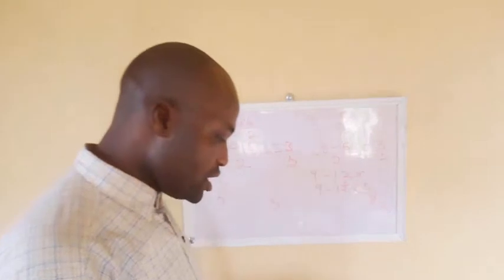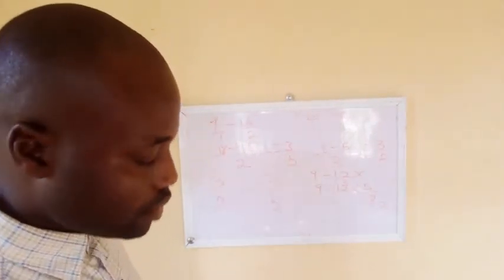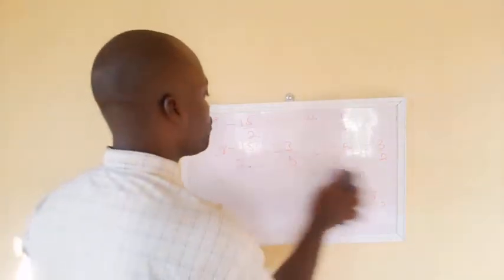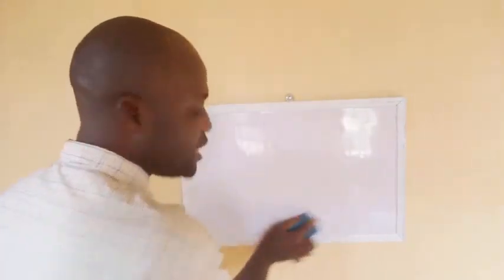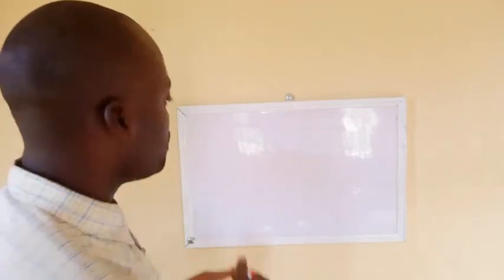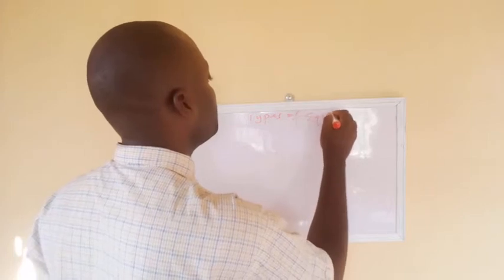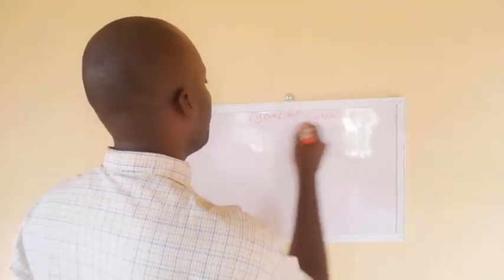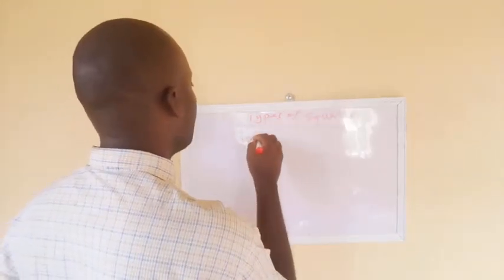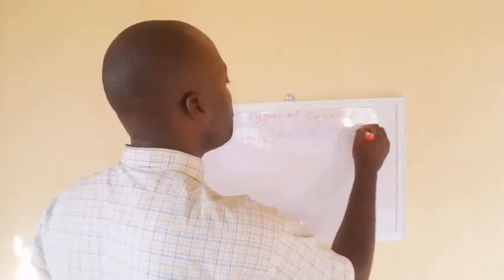So having looked at what an equation is all about, we have different types of equation. Under the types of equation is where we are now going to have what we call simultaneous equation. And what is simultaneous equation?